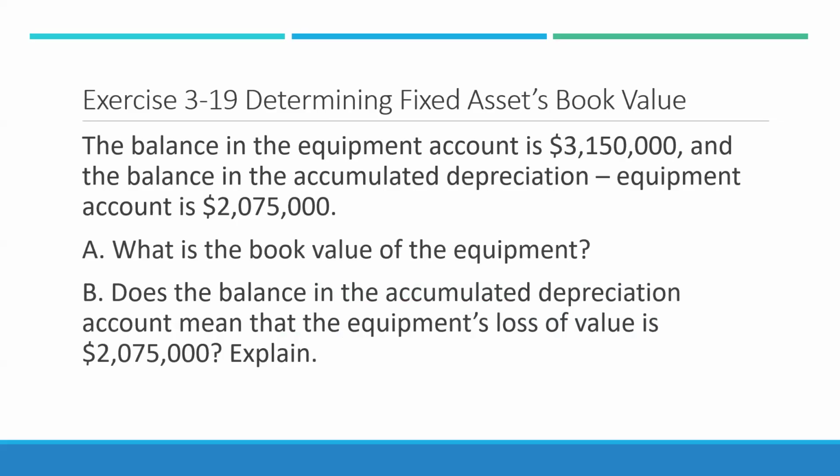The balance in the equipment account is $3,150,000, and the balance in the accumulated depreciation for equipment account is $2,075,000. What is the book value of the equipment? Anyone with a calculator?